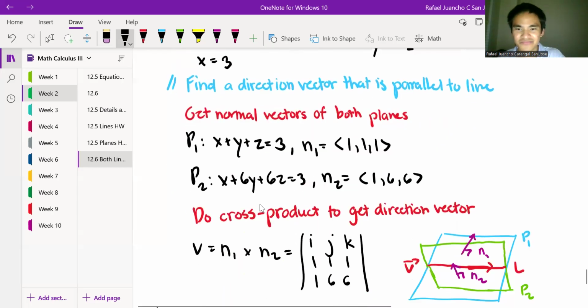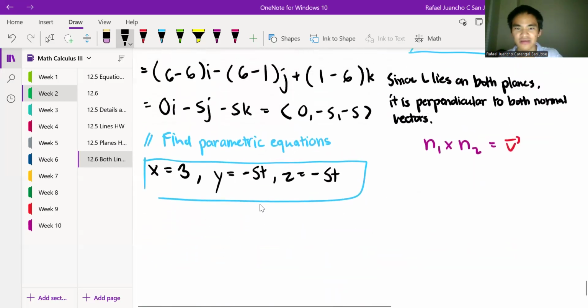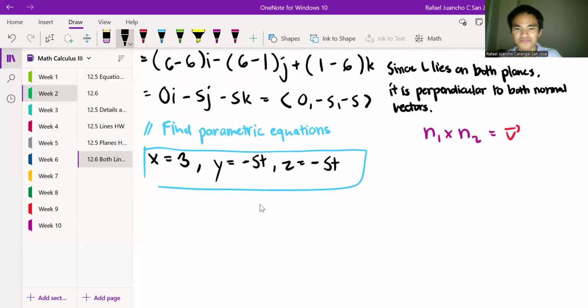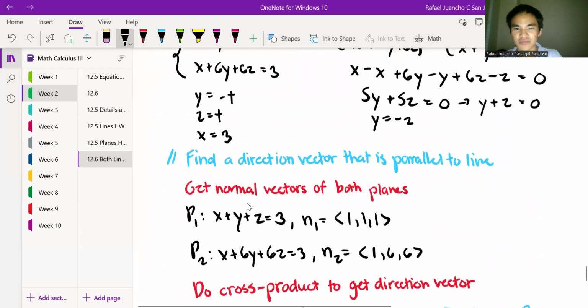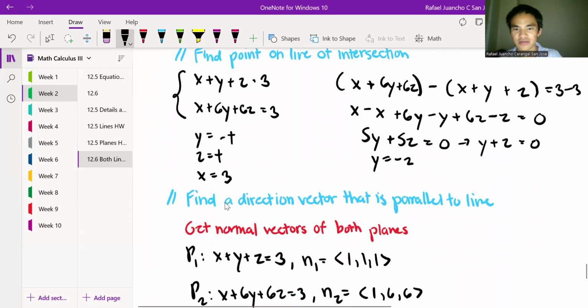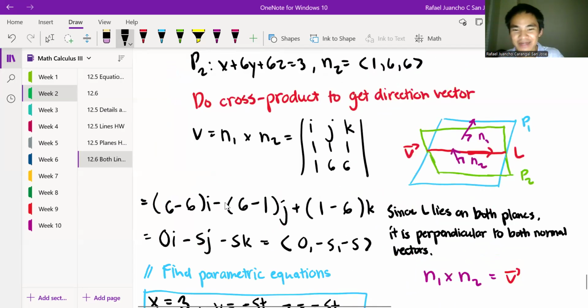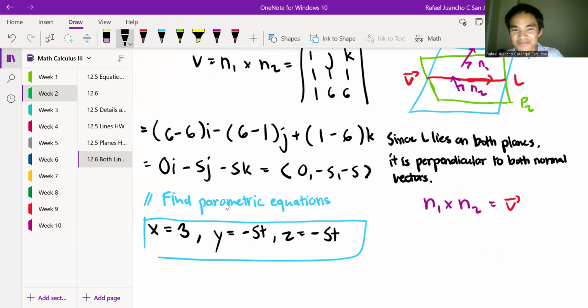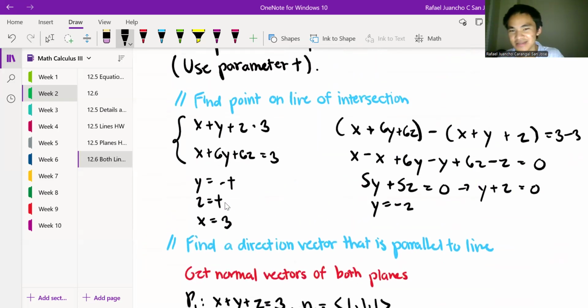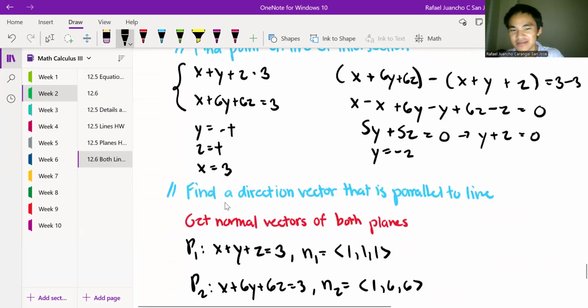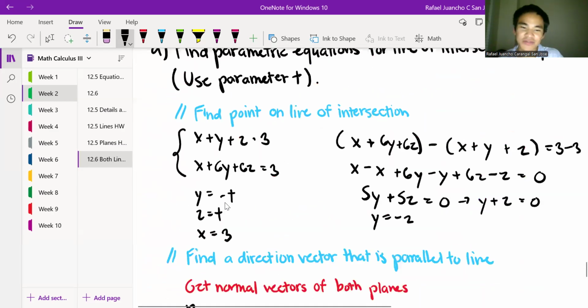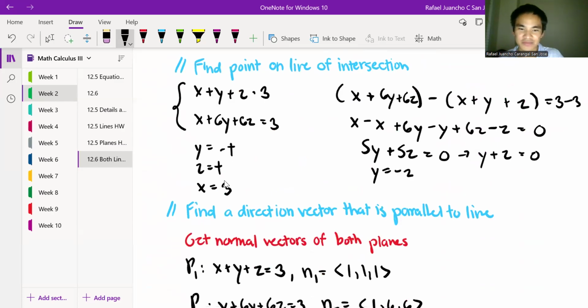Yeah. And then from there we get... we don't even need to do this part because we already got it from here. Oh shoot. Okay. So this is it.